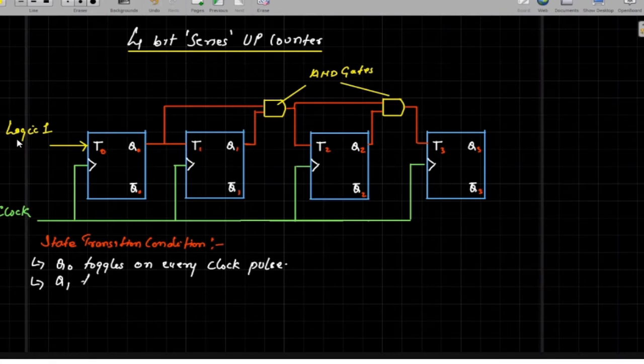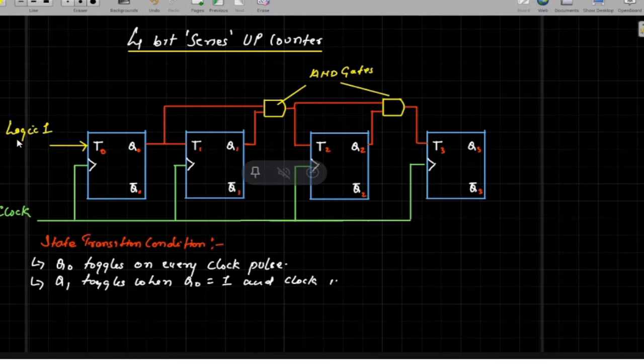Q1 toggles when your Q naught is equal to 1, and you can also monitor at the same time because the clock is also applied. So when both are in sync together, they will change their state.